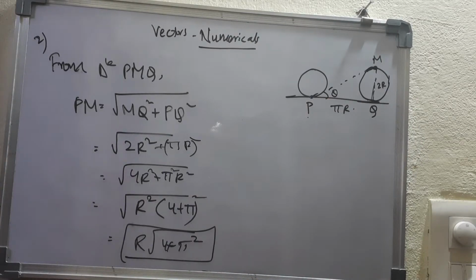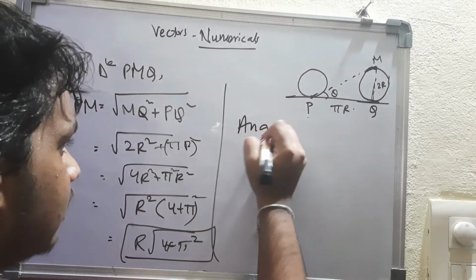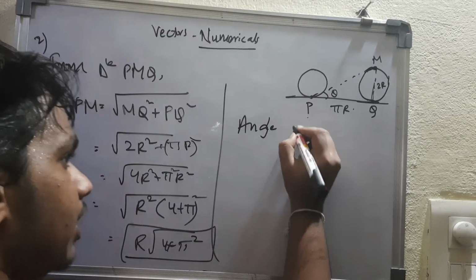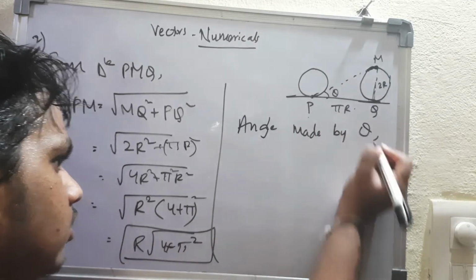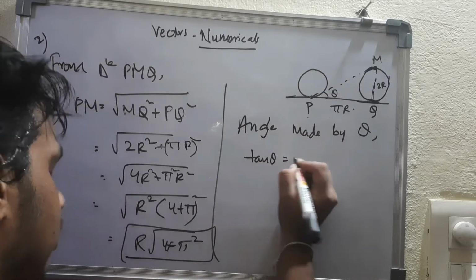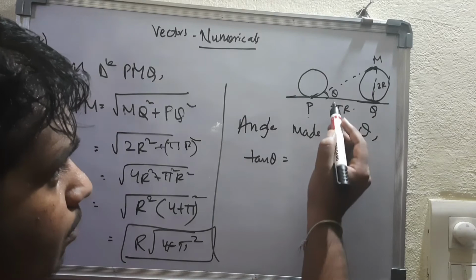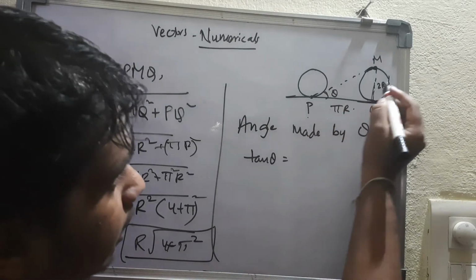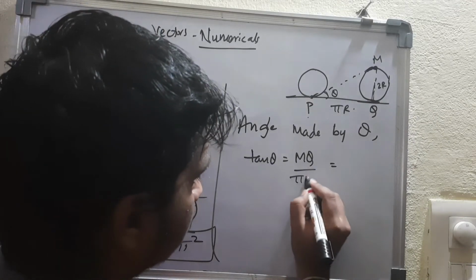Okay, note down. We'll go for the next question. And if he asks for the angle made, theta, we know the formula from basic trigonometric ratios. Tan theta equals opposite by adjacent, that is MQ by PQ, which is 2r by pi r.